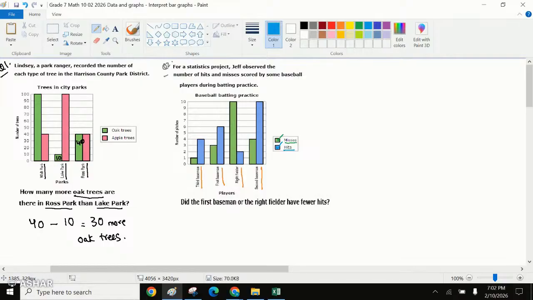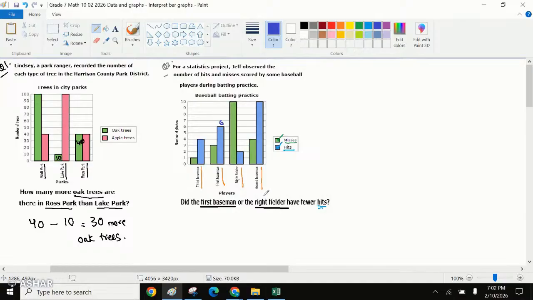Which one of the two options, first baseman or right fielder, had fewer hits? We look at the blue column because blue shows us the hits, right? First baseman had 6.